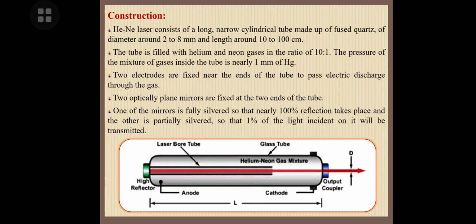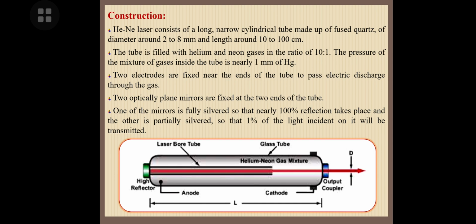2 optical plane mirrors are fixed at the ends of the tube. One is a 100% reflecting mirror and the other is a partially reflecting mirror.